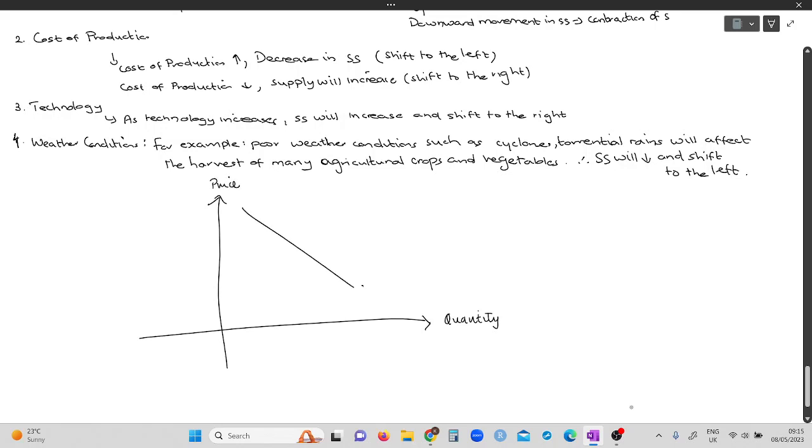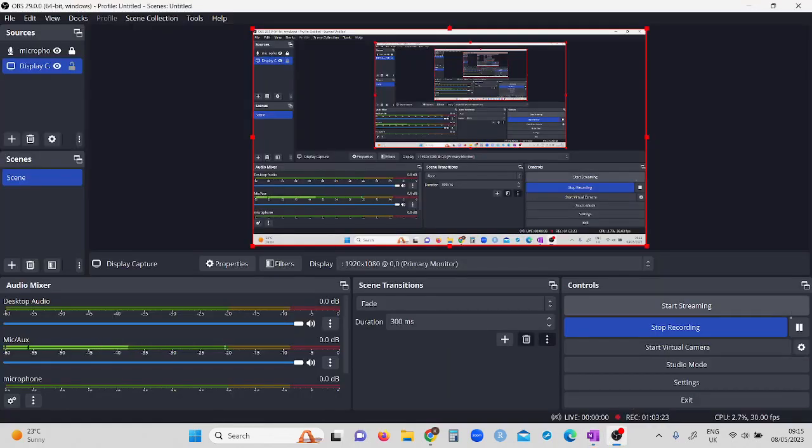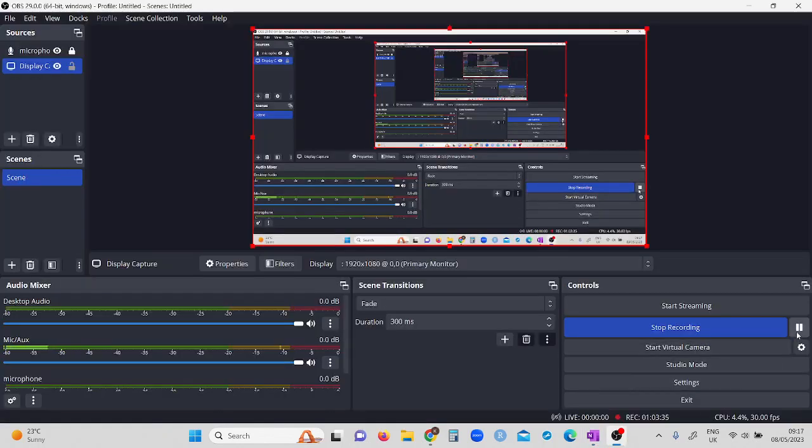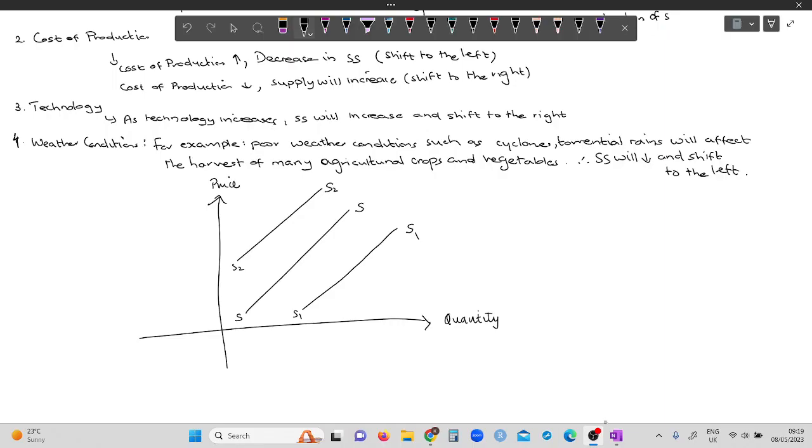The supply curve, initially, will be at S. From S to S1, we can see that the supply curve is shifting to the left, which of course means that supply is decreasing.